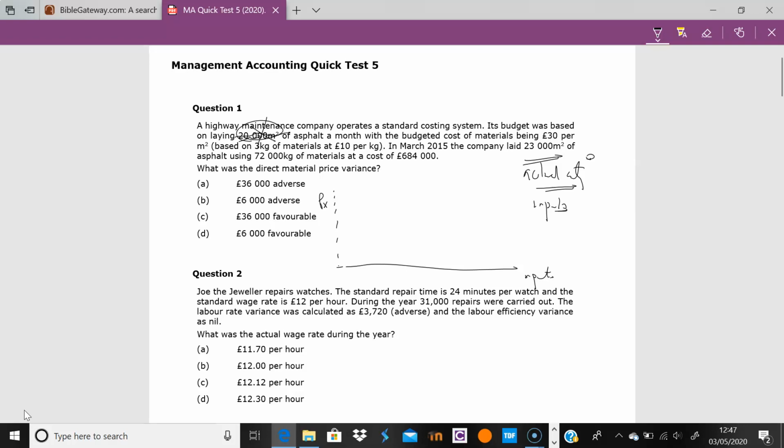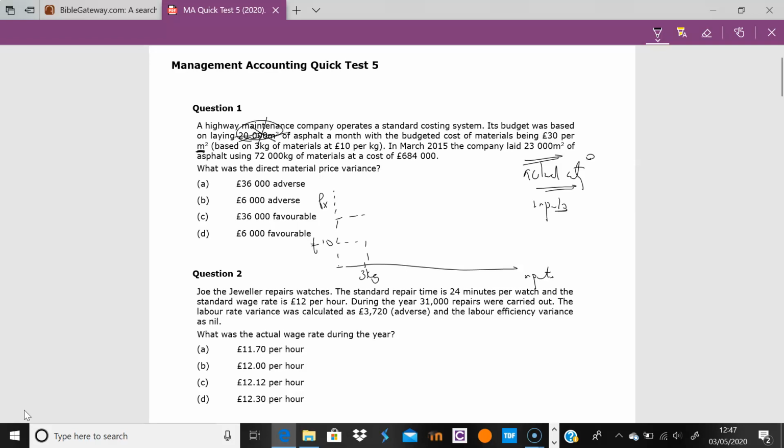The key point here is we want to understand what it should be, and I'll come back and put the formulas on top of it. We want to understand what we should have spent, what we should have used. So let's look at this. It says you are expected, if you're making a meter of this thing, to spend £30 on the basis of using 3 kilograms per meter, with each kilogram costing £10.